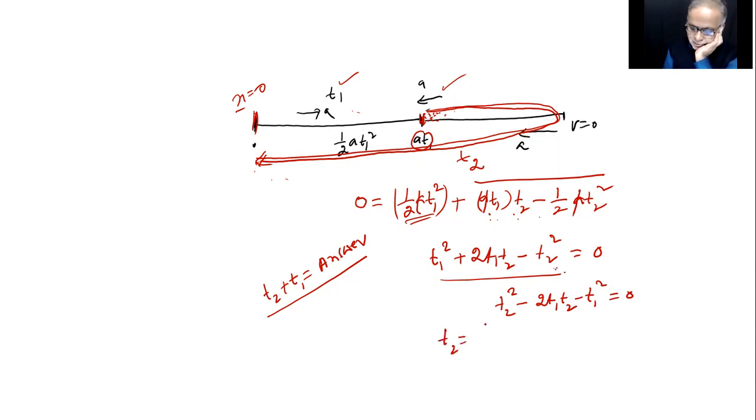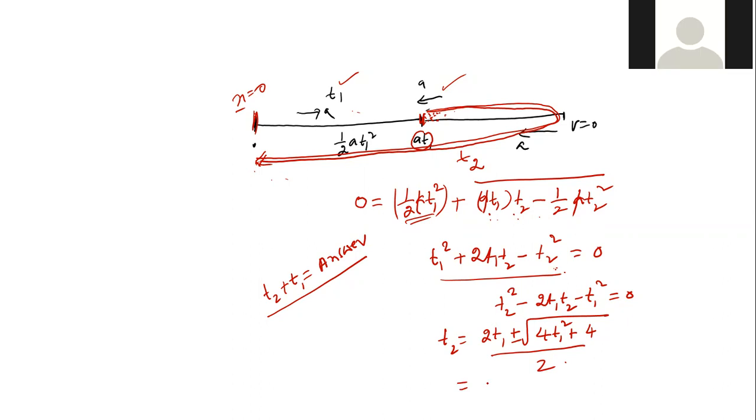So t2 equals minus b, minus of minus 2t1, plus or minus root of b square, 4t1 square, minus 4ac, plus 4ac, by 2a. I'm not too sure whether people followed it.